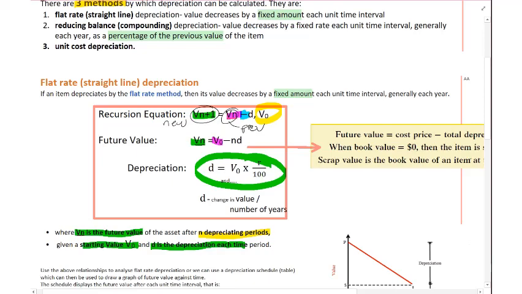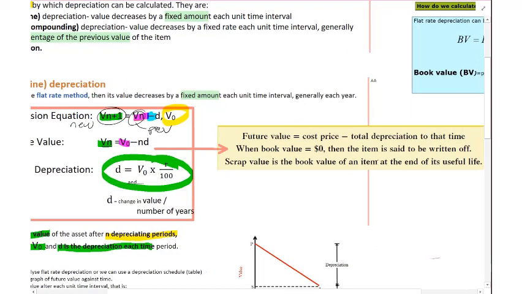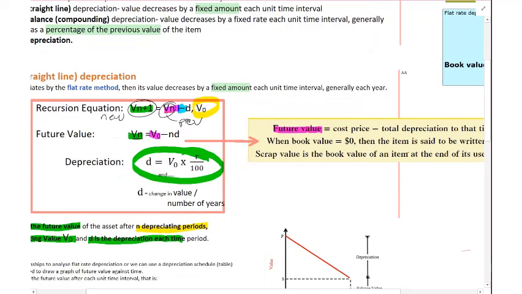That gives us our future value. In a sense, it's the same equation, but what we're saying is our cost price, V0, minus the total depreciation to that time period.